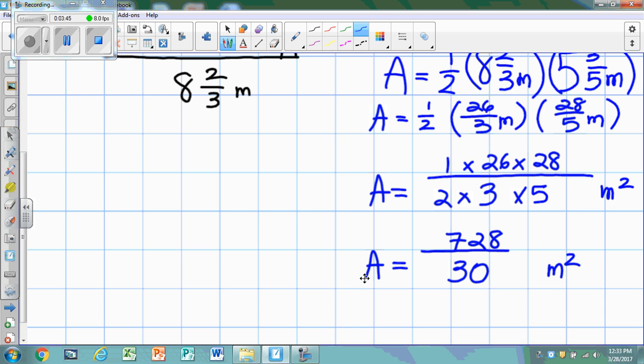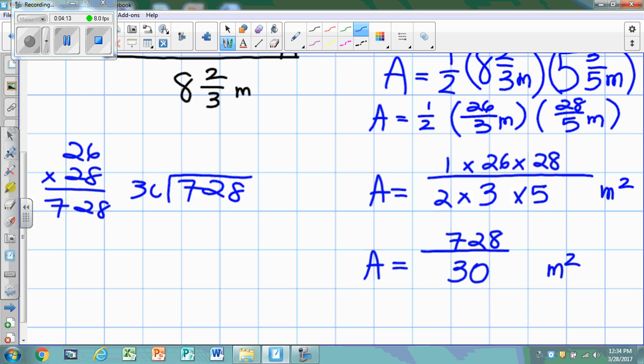That's a calculator problem because of those numbers that they're asking you to multiply. I don't think they give you a problem where they're asking you to multiply those kind of numbers without a calculator, but they might, okay? They might. So let's put our answer here, and we came up with 728, right? Now we're going to do our division.